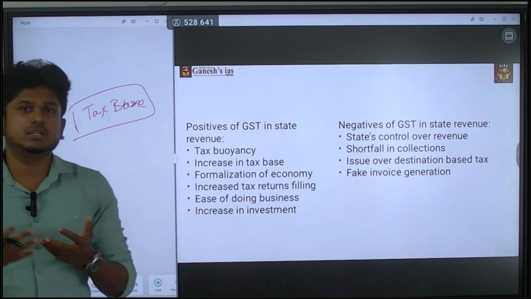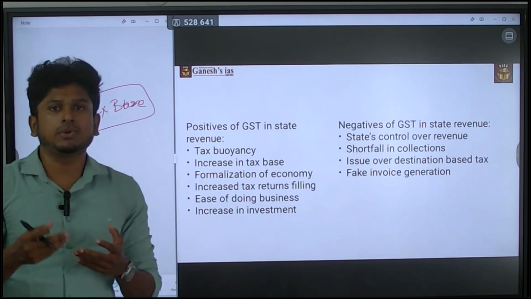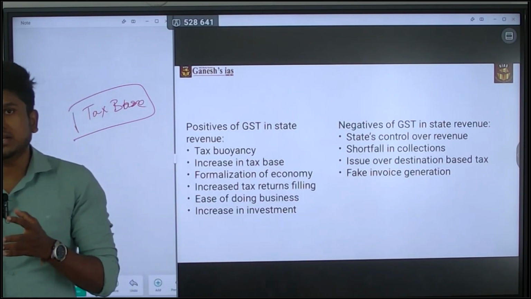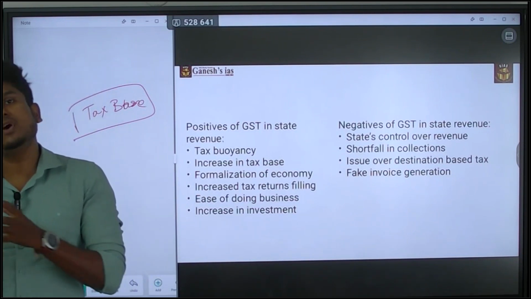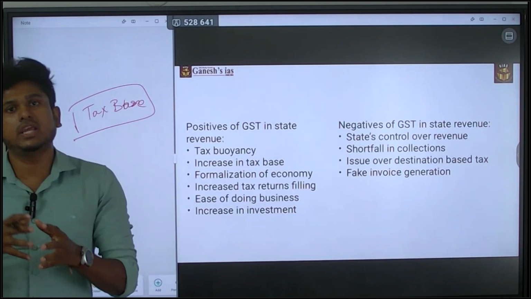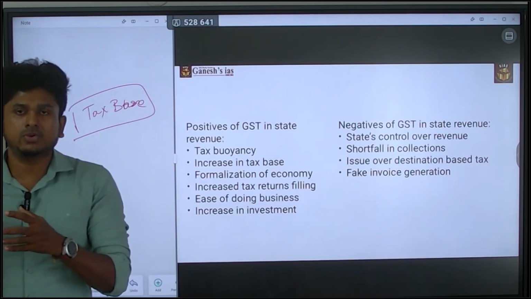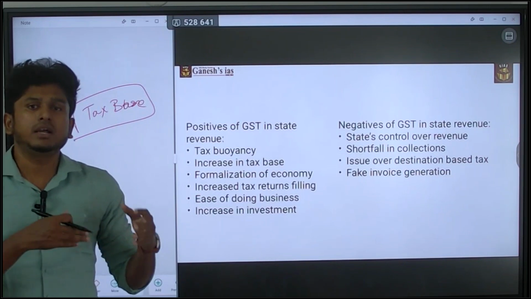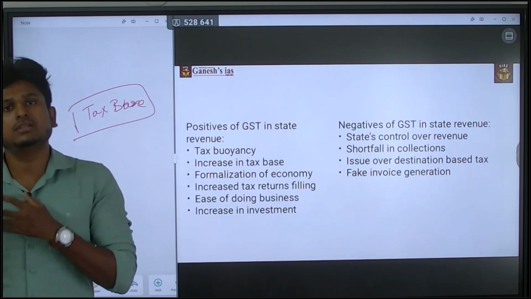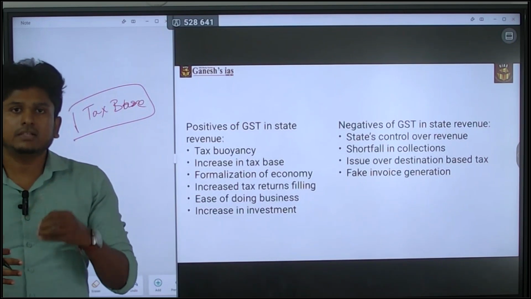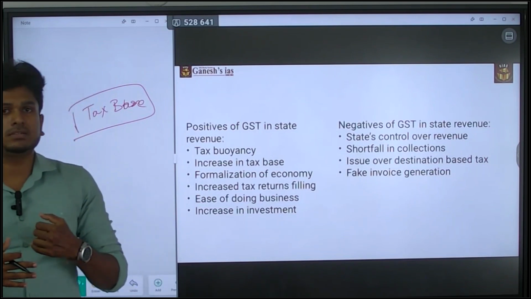After the introduction of the GST, the economy became more formalized. And also you have to think that India has a huge informal sector. India's major population is in the informal sector. They are trying to adapt to this GST. That is also a good thing. You can easily measure things. So that is also one of the benefits due to the GST.